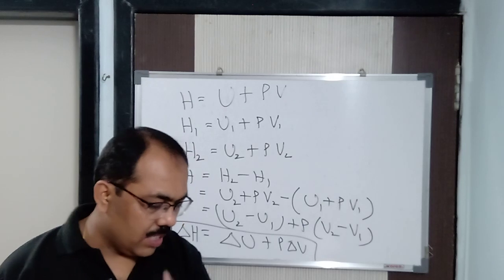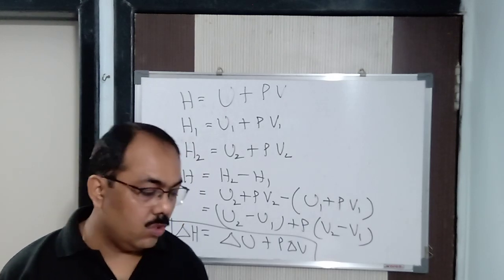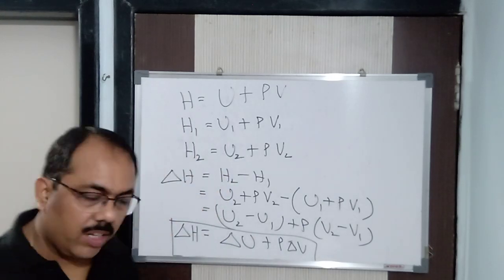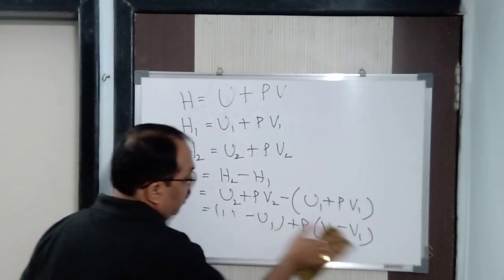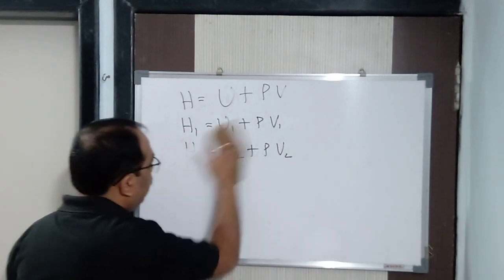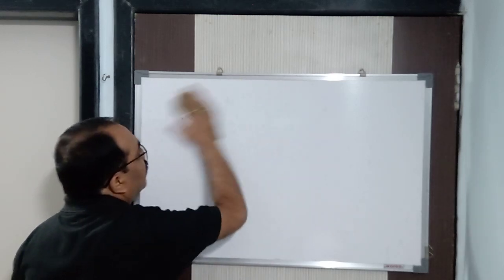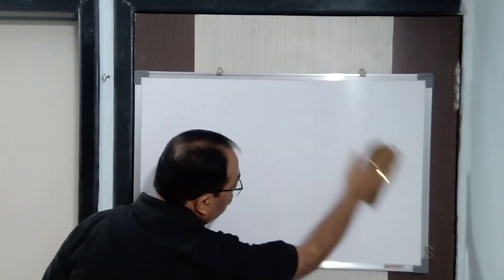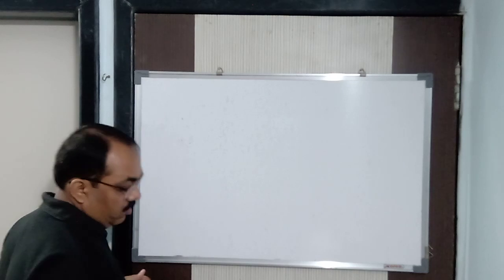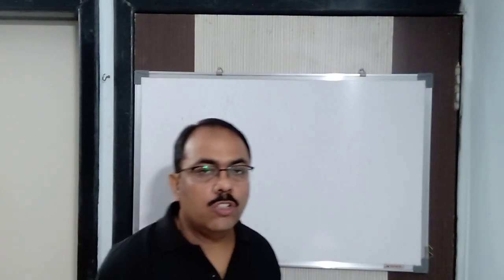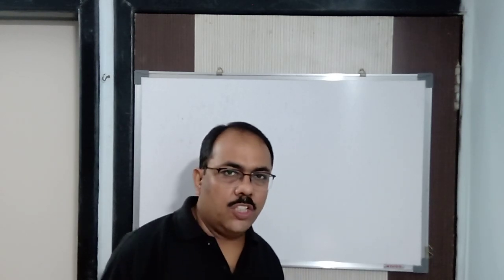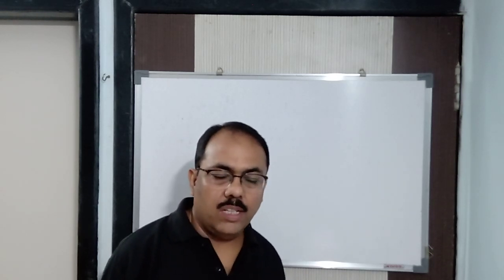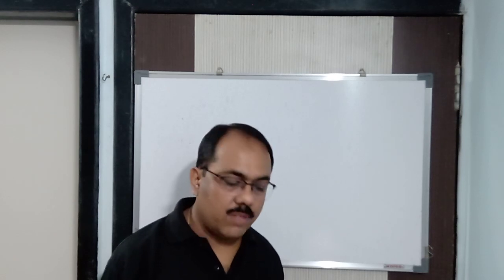Remember, in case of a cyclic process, delta U is also 0 and delta H is also 0, and remember it, work done is also 0. Now del U is equal to Q plus W. So if del U is equal to 0, Q is also 0, then work done will also be 0 in case of a cyclic process.